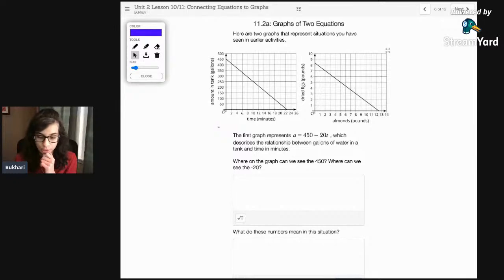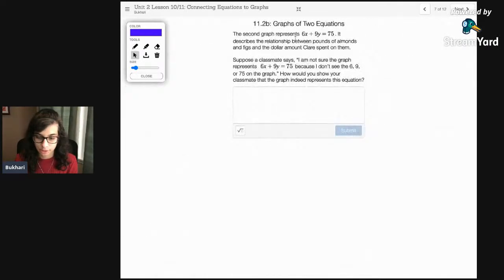11.2, now you're given an equation and a graph and looking for where you see the patterns. Where does that 450 come from? Where does that negative 20t come from? And so take a look closely at that graph and see what's happening. In the same way that this is another representation of an equation, similar to what we saw just previously, but this is written in standard form.